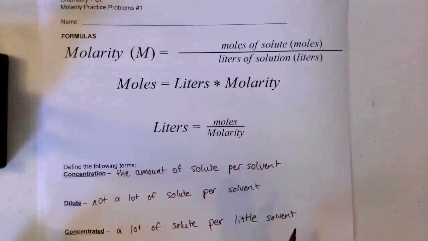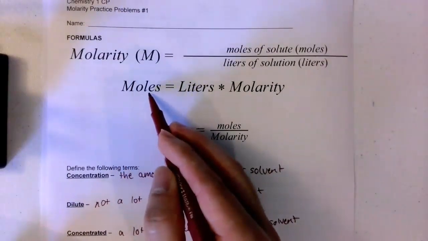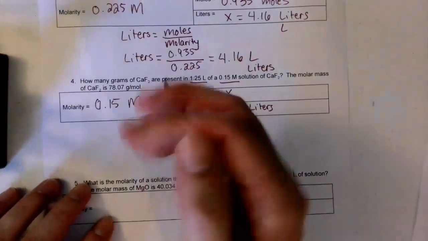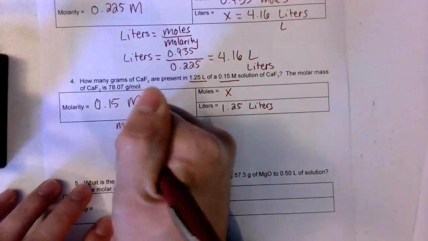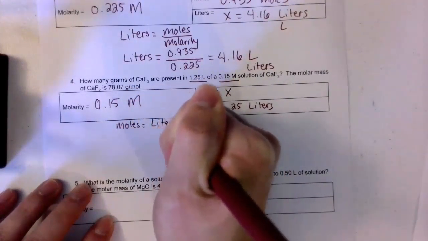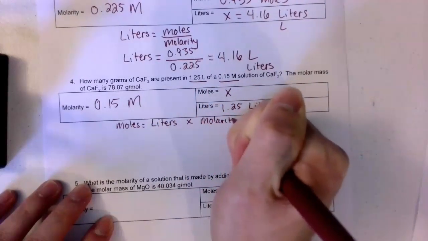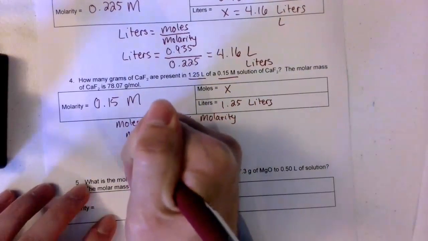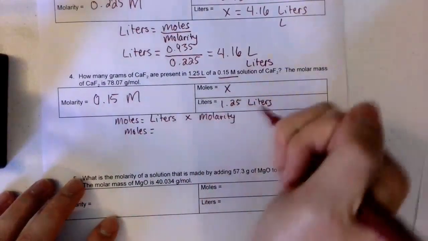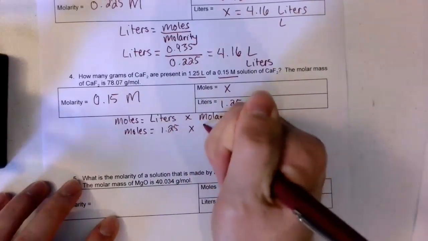Looking at these three formulas, we want to use the one where moles equals liters times molarity. So moles is going to be equal to liters, which is 1.25, times the molarity, which is 0.15.